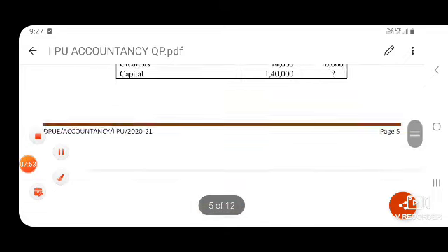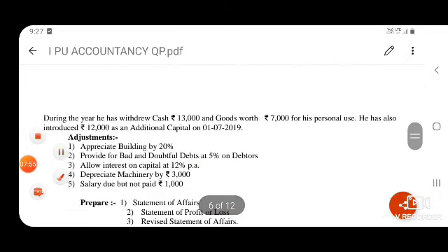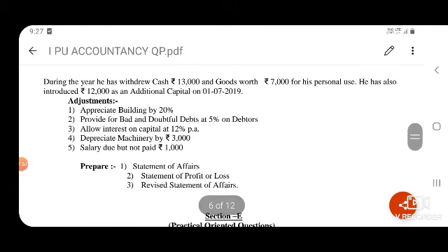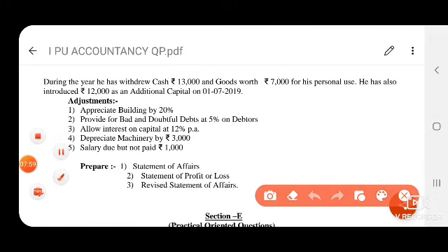Now adjustments. During the year, he withdrew rupees cash 13,000, goods 7,000 for his personal use.